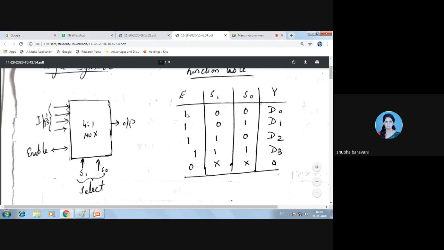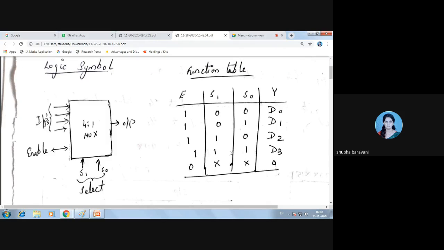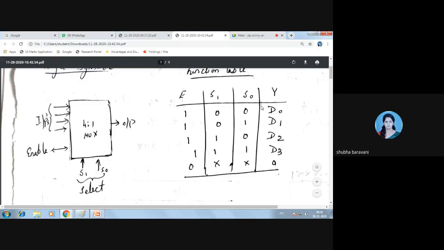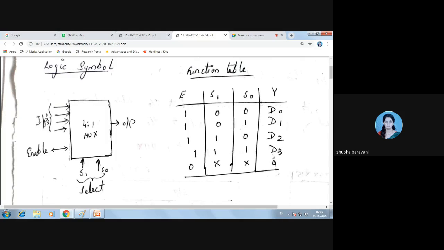Now this S1 and S0, for these two conditions, can you verify by yourself? For S1 being 1 and S0 being 1, the function table says Y will reflect D3. Can you do this?